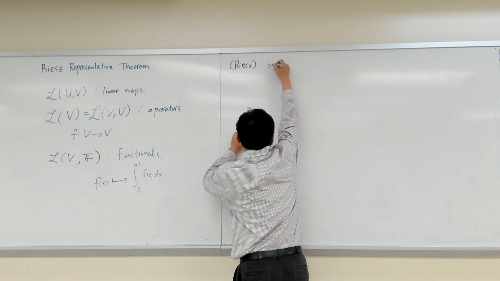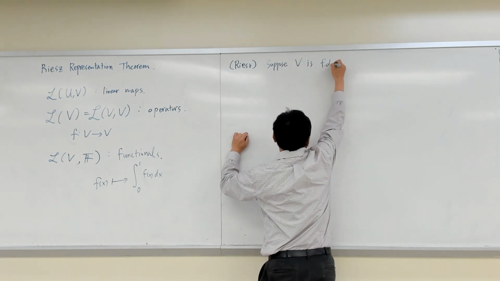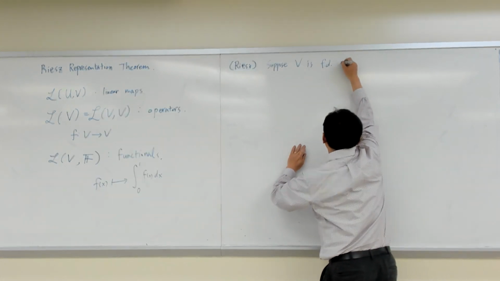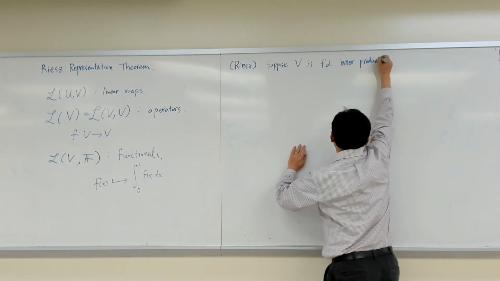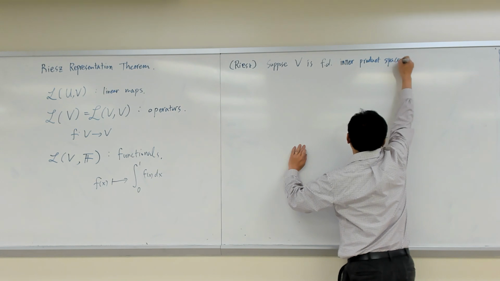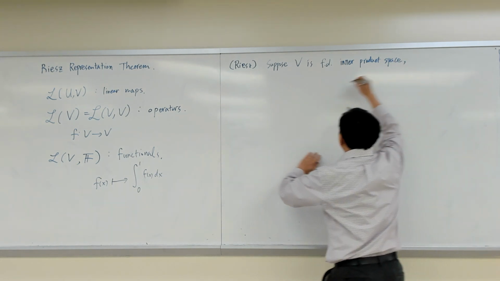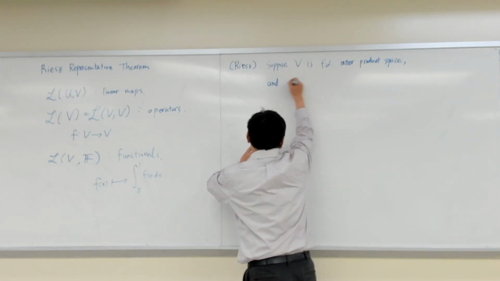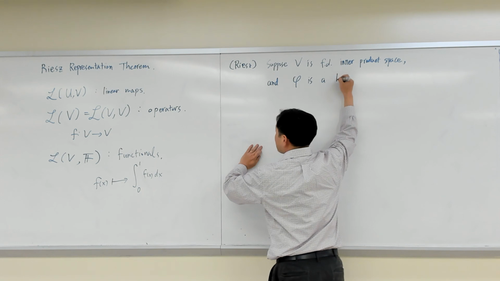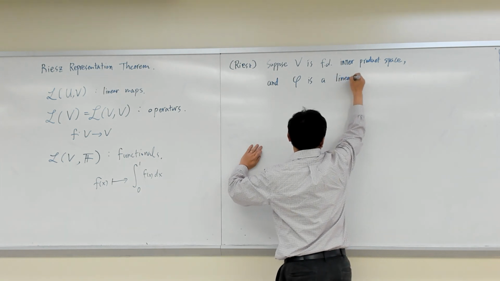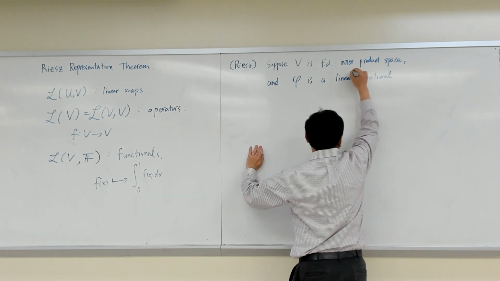Suppose V is a finite dimensional inner product space, and phi is a linear functional.